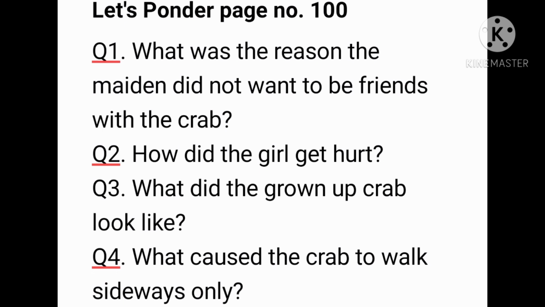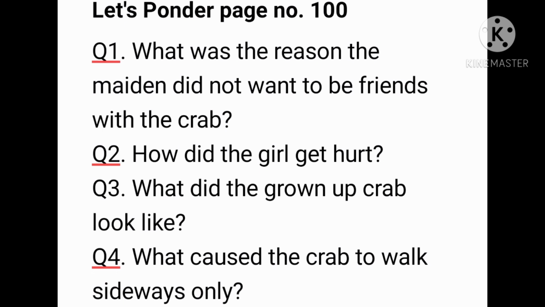What caused the crab to walk sideways only? Do you remember when the crab kneeled too long while apologizing to the girl? His legs bent outwards and he could not straighten them. So, since then, he could walk sideways only.